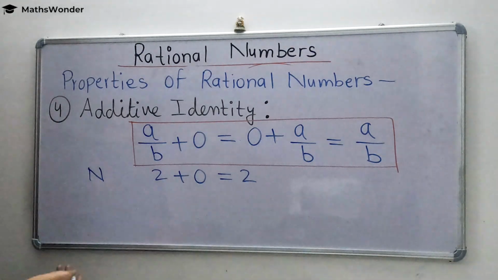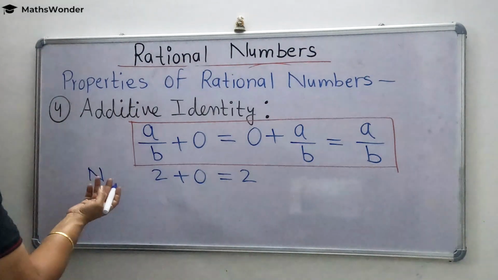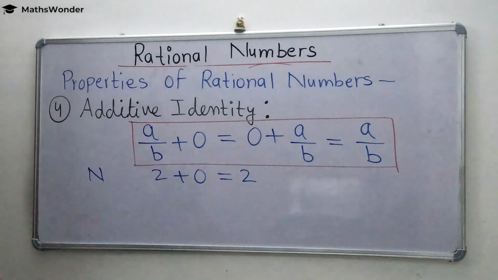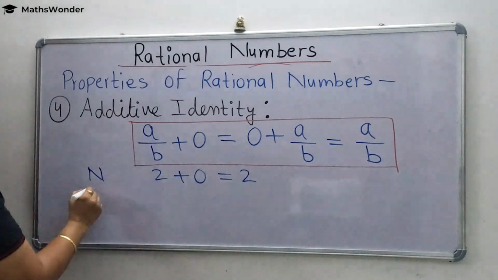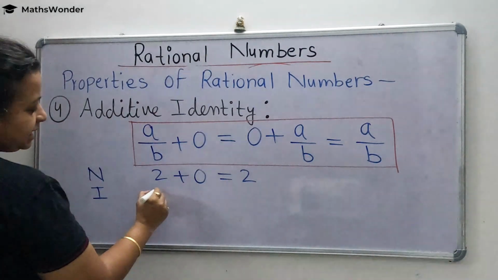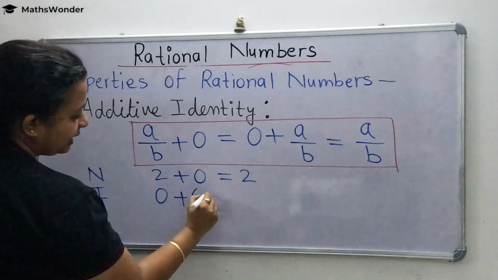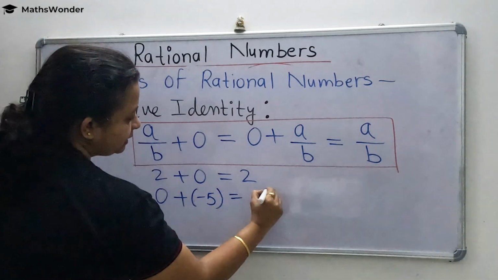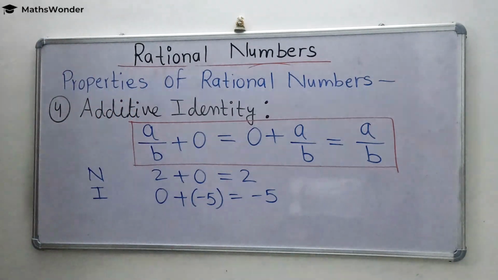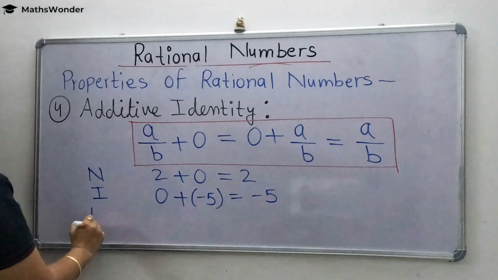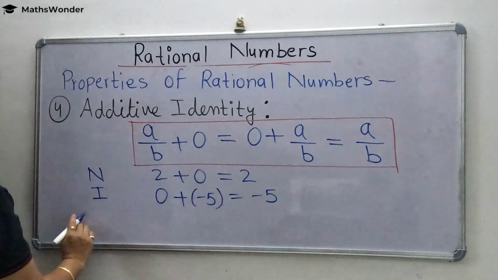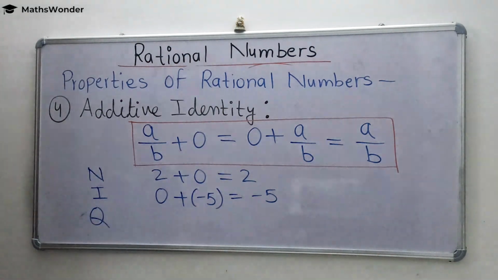A whole number is just a natural number, all except 0. Now come to the integers. Any integer, if you add 0 to, suppose -5, you will get the same integer. Now come to the rational number. Any positive value we can take.